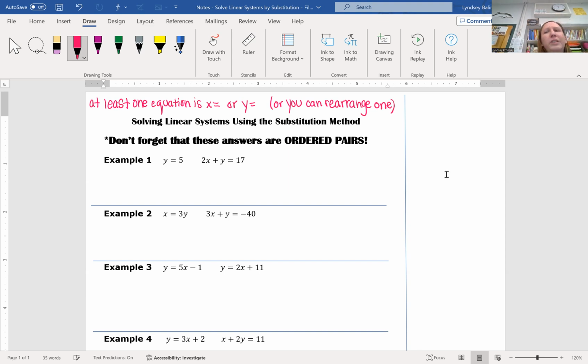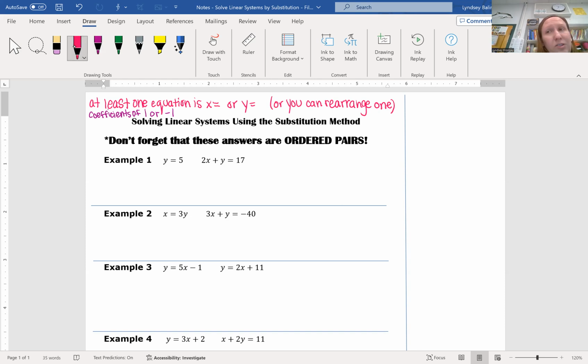Okay. If you're looking at your system and you're like, yeah, I can't really get x or y by itself pretty easily here, okay, substitution method probably isn't the best method to use. What also really helps, if you're not sure if you can rearrange it, a lot of times if you see coefficients of 1 or -1 in front of your x's or y's, that's how you know you could probably rearrange it pretty easily.